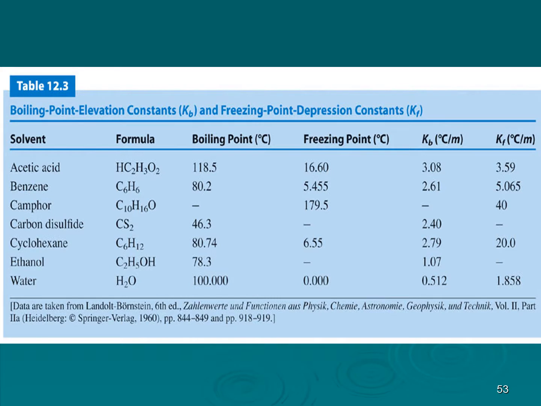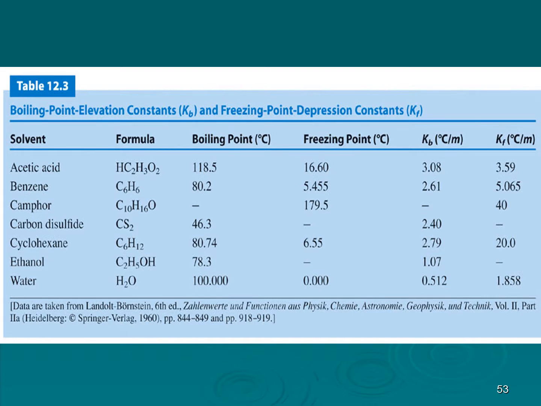Here is a chart of the different Kb and also Kf, which we'll talk about in just a second. So for example, if your solvent is acetic acid, the Kb is 3.08 degrees Celsius per molal, and the boiling point is 118.5. So the delta T will be that much above 118.5.